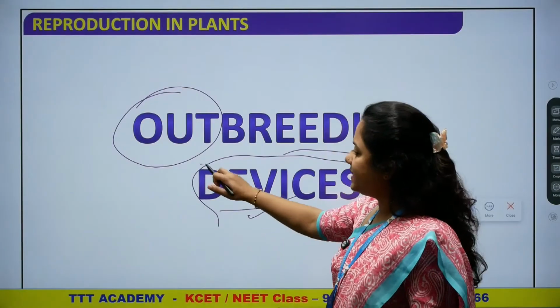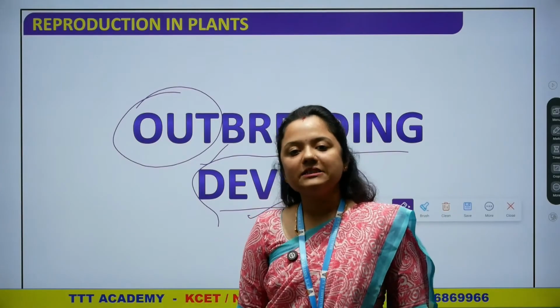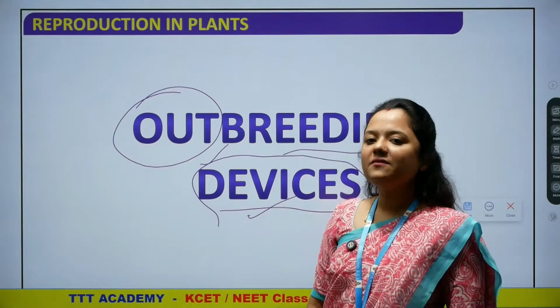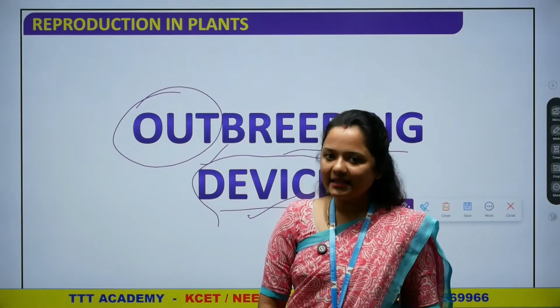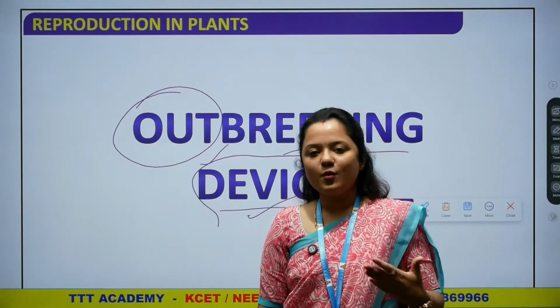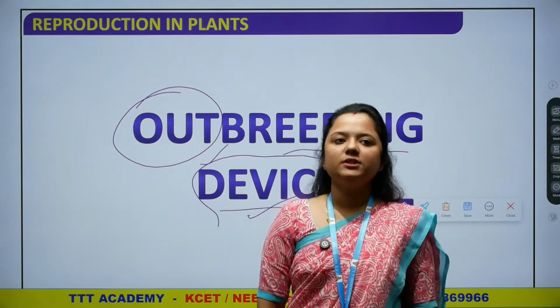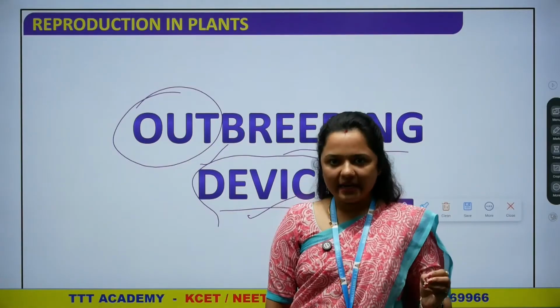So in this concept of outbreeding devices, we will understand how a plant can overcome self-pollination, because self-pollination is encouraged only to a certain level.